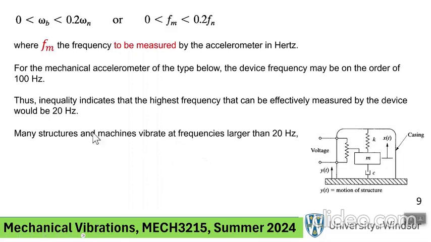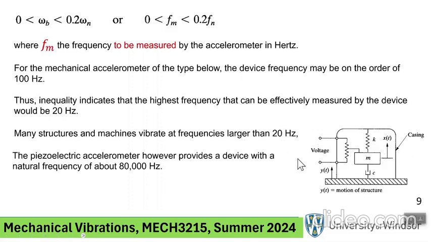A lot of structures, most structures, may be oscillating at higher than 20 hertz, and this is going to be useless for them. But in the modern accelerometer, instead of a spring and a voltage divider with a battery source, they use a piezoelectric material.